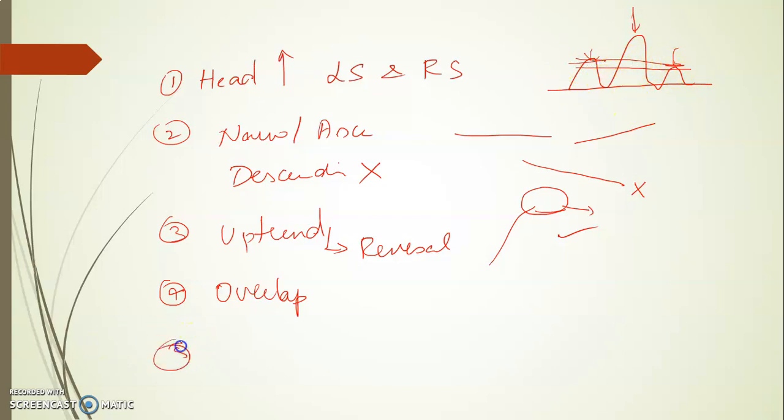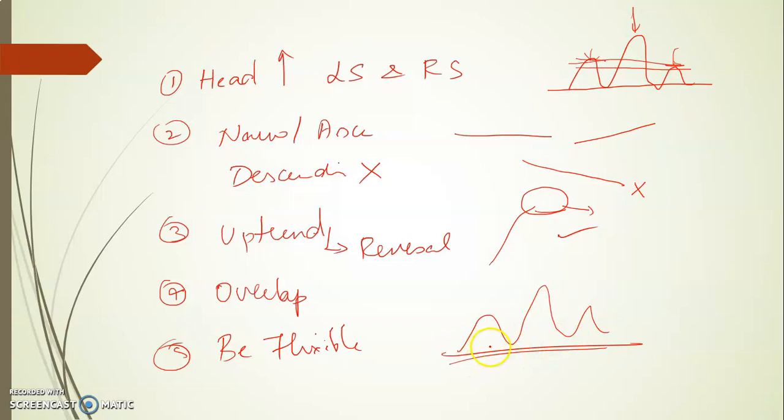And the fifth condition is, be flexible with the shoulders. This is not always the right pattern, I mean, this is not always available in the market. Sometimes the left shoulder will have 1 or 2 shoulders, then there will be a head, and then the right side also 1 or 2 shoulders.